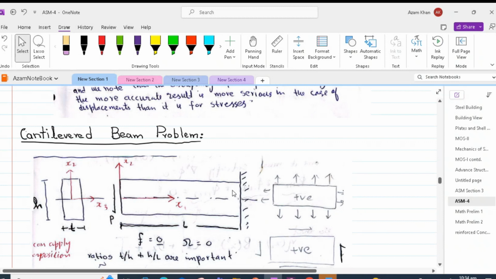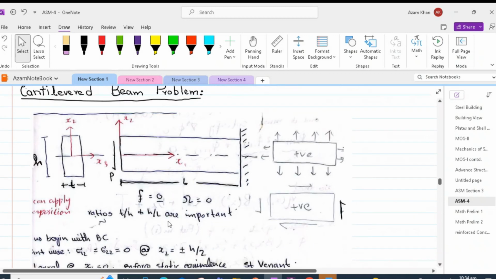In other words, the other ends could move in the x1 and x2 directions and also have rotation, but only the center line will stay the same. Now, this problem doesn't crop up in the case of simple beam theory, because if we make the dimension h very small compared to the length, then this issue won't be a problem.